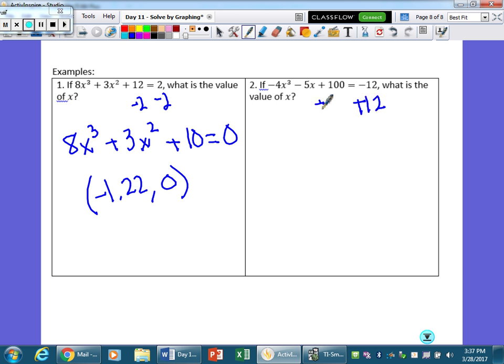So negative 4x to the third minus 5x plus 112 equals 0. So that's what I'm going to set. Now I'm going to set this into the calculator.